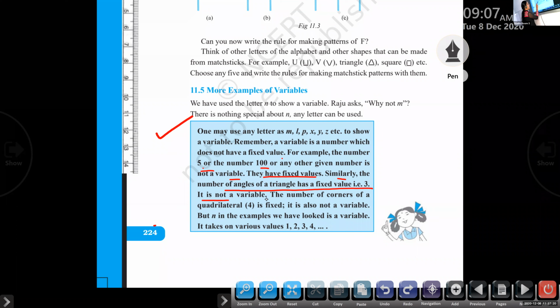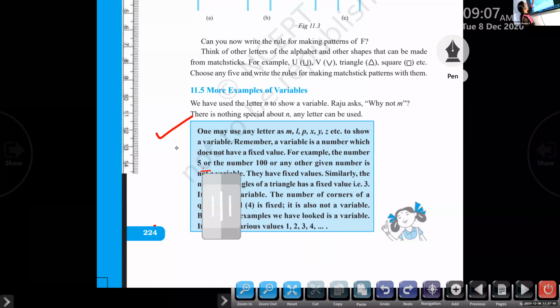It is not a variable. The number of corners of a quadrilateral, 4, is fixed. It is also not a variable. But n in the examples we have looked at is a variable. It takes on various values 1, 2, 3, 4, etc. Clear, children? So that is the definition of the variable.